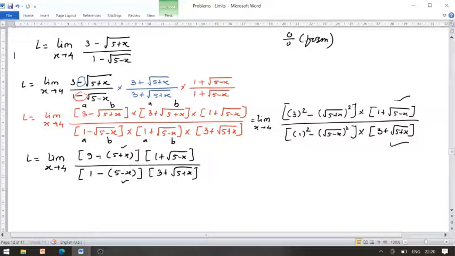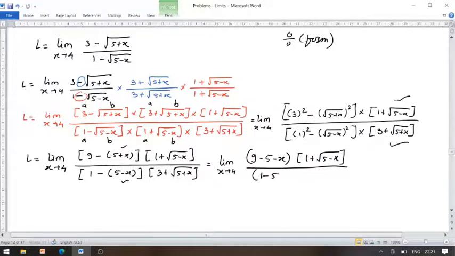Why? Because the middle sign becomes a minus. So after opening the bracket, the sign changes from plus to minus. So we have 9 minus 5 plus x, into minus 1, ultimately minus of x, into 1 plus root of 5 minus x, whole divided by 1 minus 5, minus minus becomes plus x, whole into 3 plus root of 5 plus x.